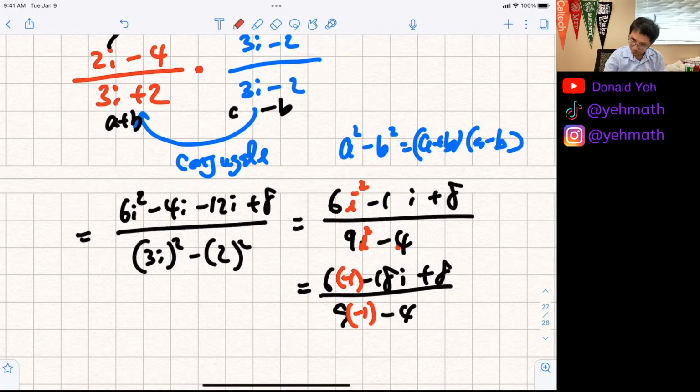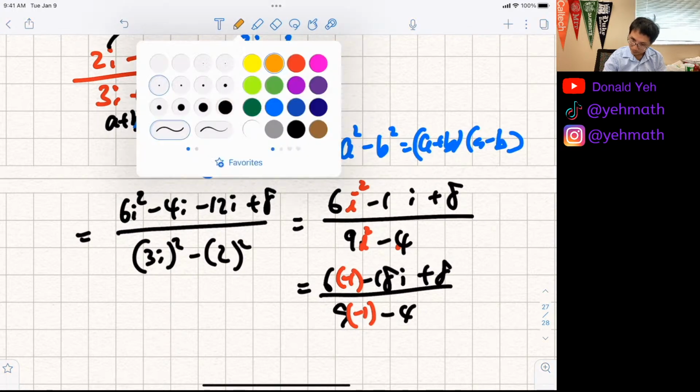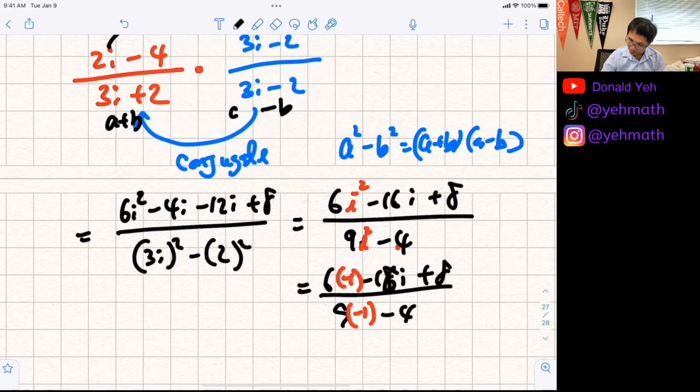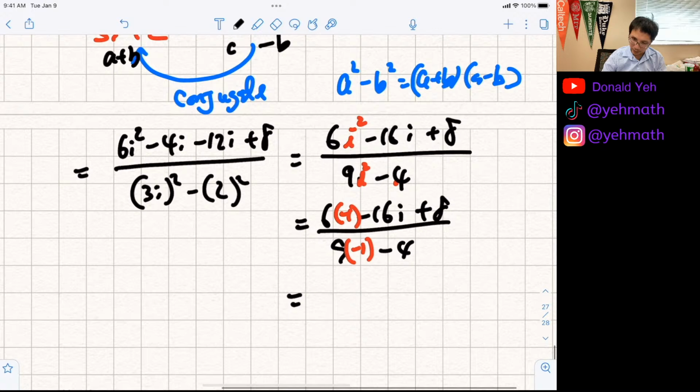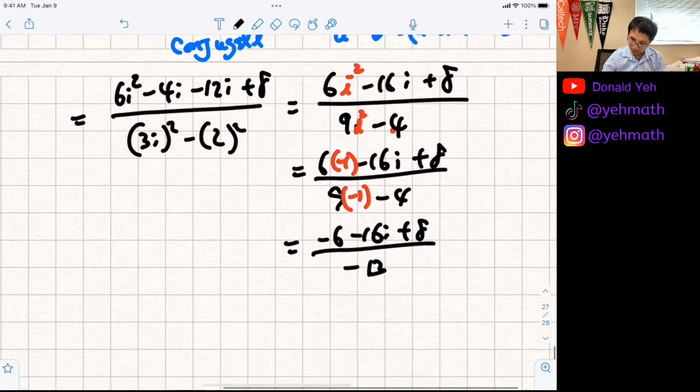Oops, that's a different marker. 16, this is 16. So on the SAT, you got to worry about this. So it's going to be negative 6 minus 16i plus 8 over negative 13, I think.